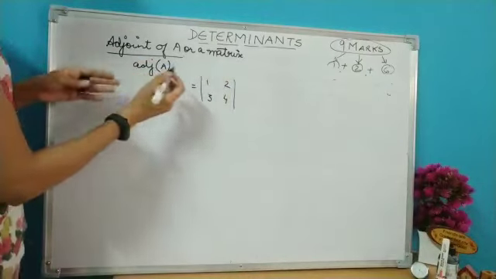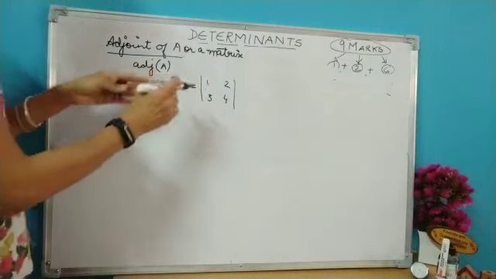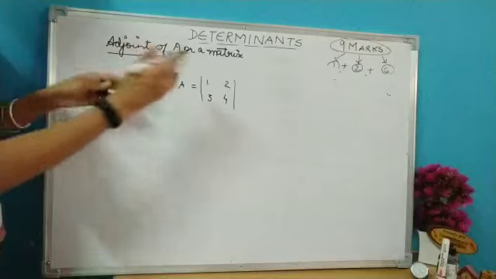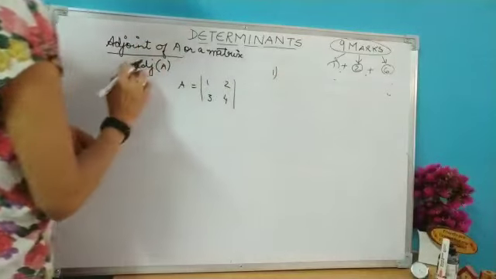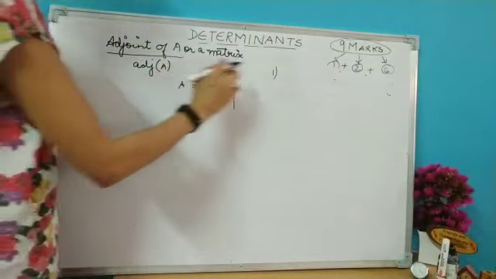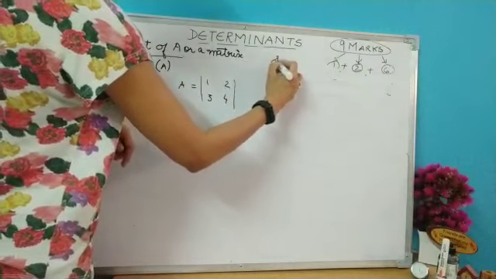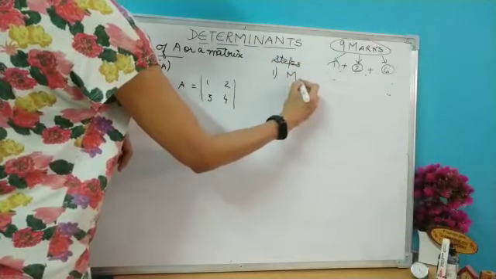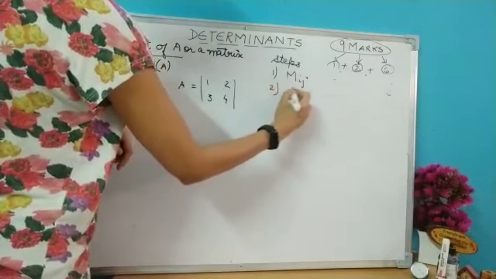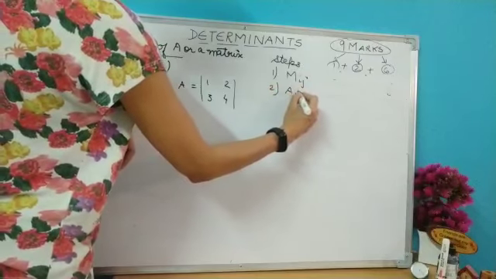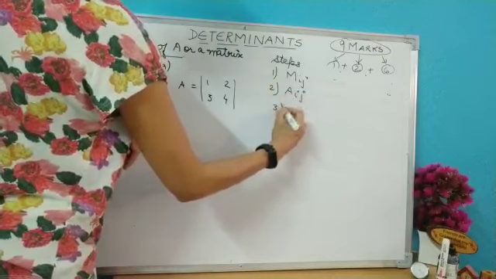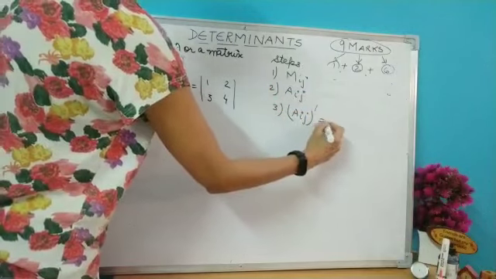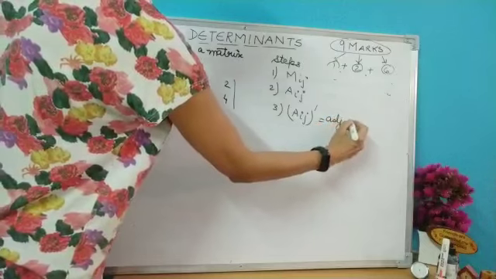First of all I have to find the minors, then cofactors, and then I will transpose it. So calculating the adjoint of A includes 3 steps: first you find the minors, then the cofactors, and then the transpose of this matrix. You will get the adjoint of A.